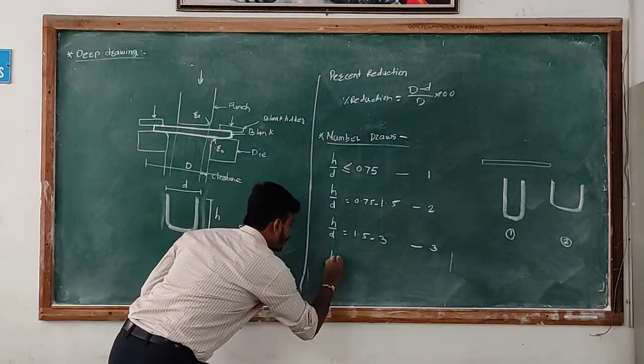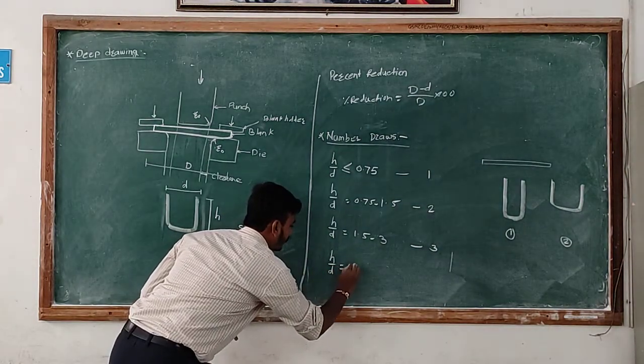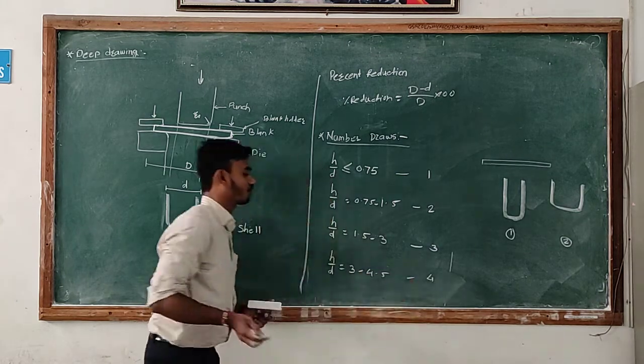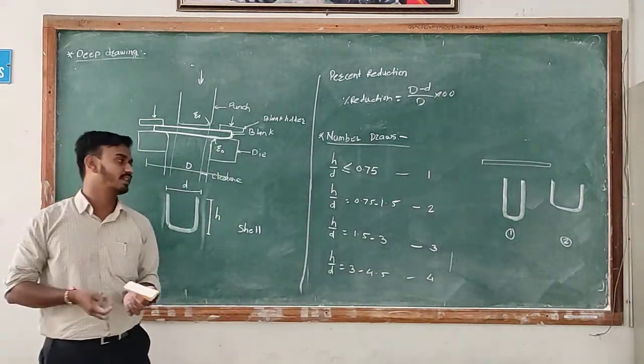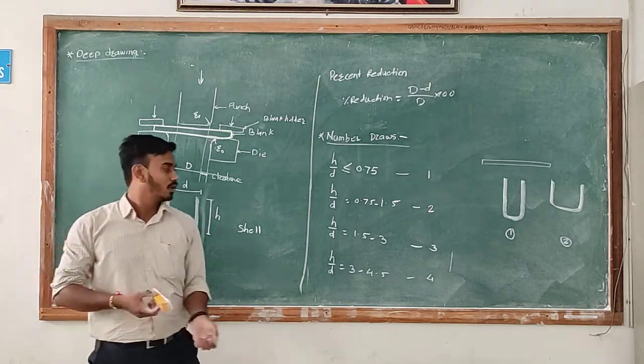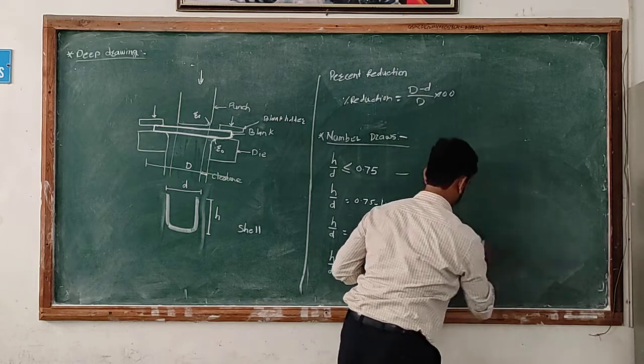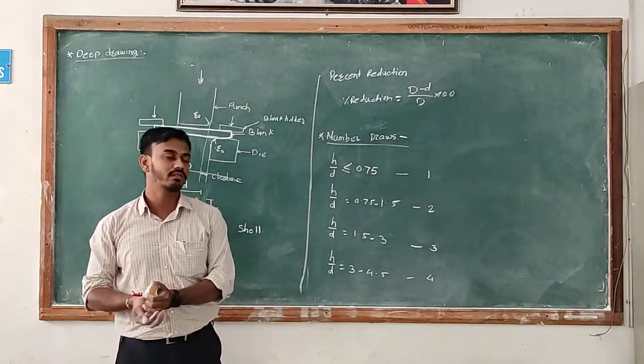And if h by d is between 3 and 4.5, then the number of draws required is 4.